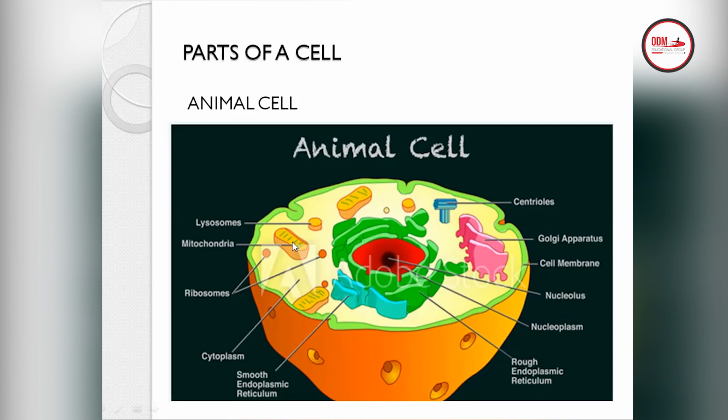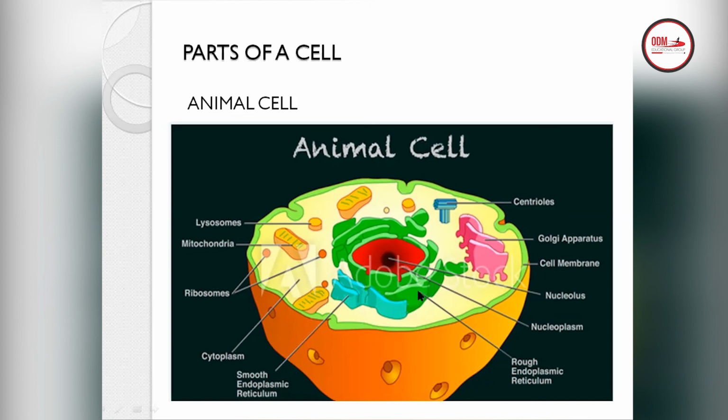Now here comes the mitochondria, which generates ATP or provides energy to the cell in the form of ATP. These are the ribosomes, which are the site of protein synthesis. Now you can see here, these are the endoplasmic reticulum, which are very close to the nuclear membrane.